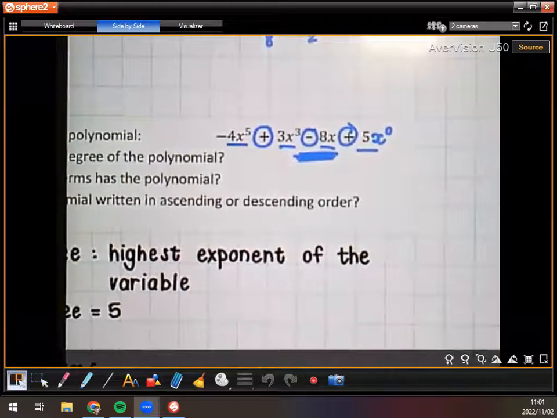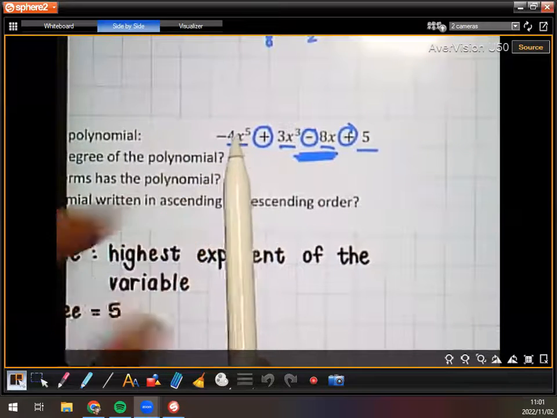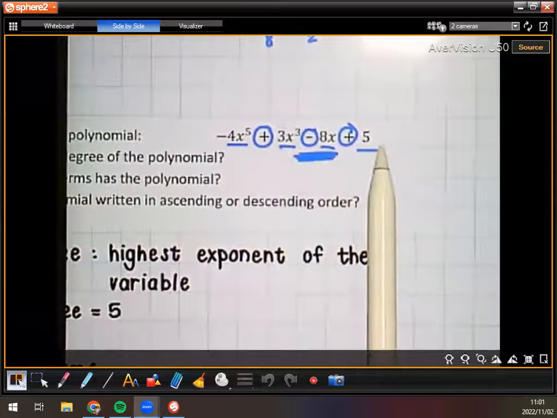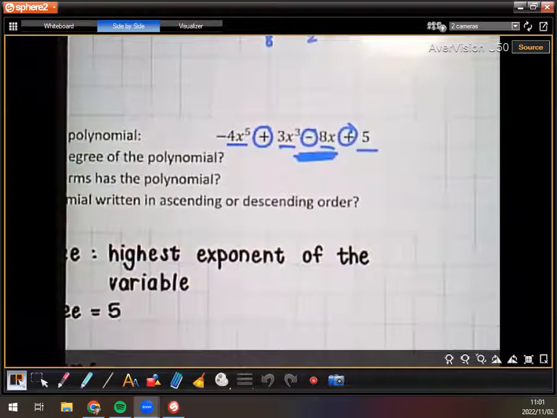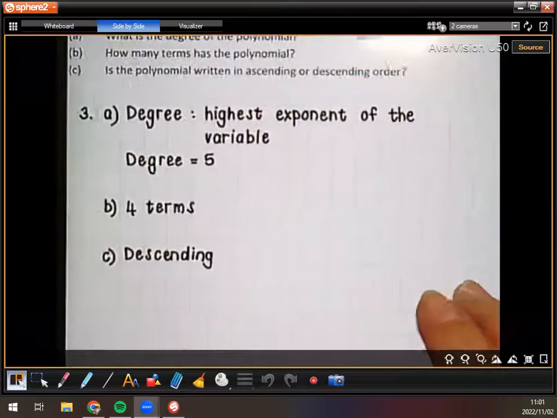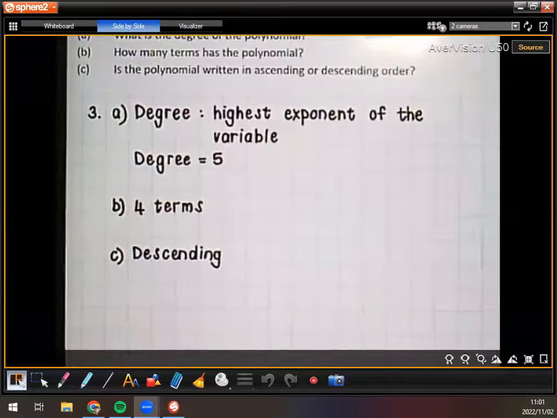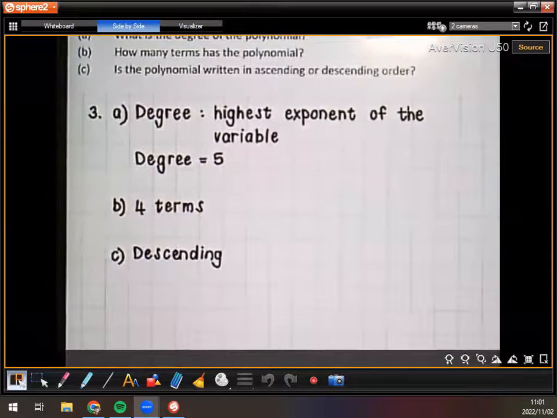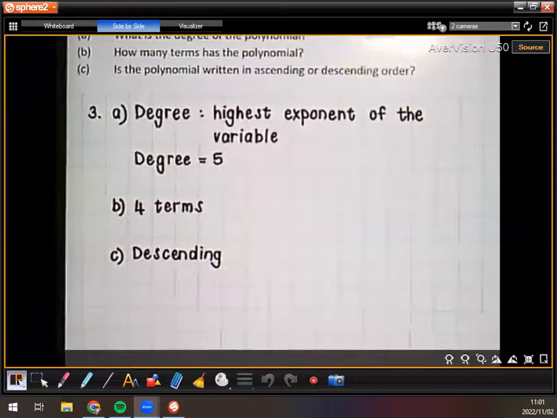Alright, x to the 0. What is anything to the power of 0? So remember, 1. Okay, so guys, it's going from biggest exponent to smallest exponent, right? So descending order. Okay, anything to the power of 0 is 1. Yeah, we find out these ones, guys.